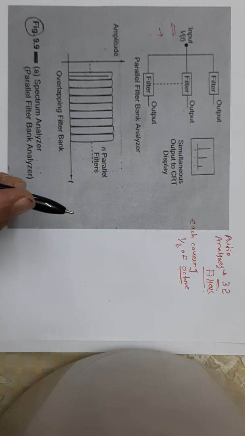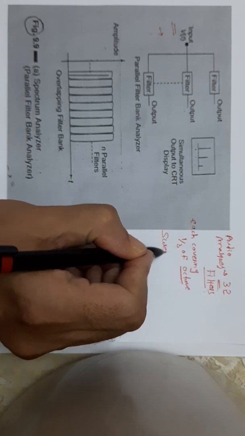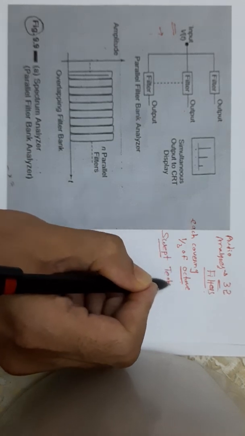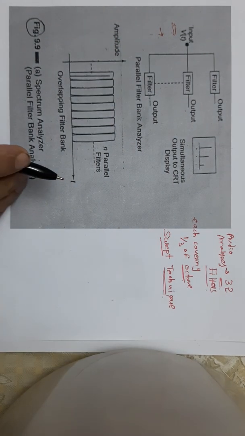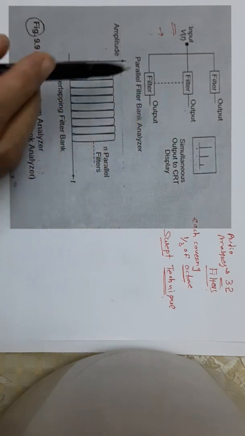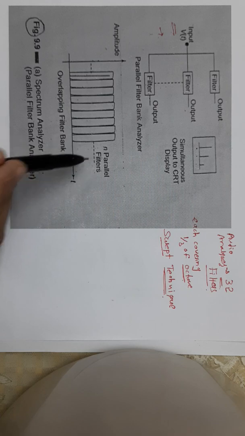For wideband narrow resolution analysis, particularly at RF, meaning radio frequency, or microwave signals, the swept technique is used. Now we can see this overlapping filter bank connected like this. The y-axis shows amplitude, and this is the n number of filters. This is the spectrum analyzer, the parallel filter bank analyzer.